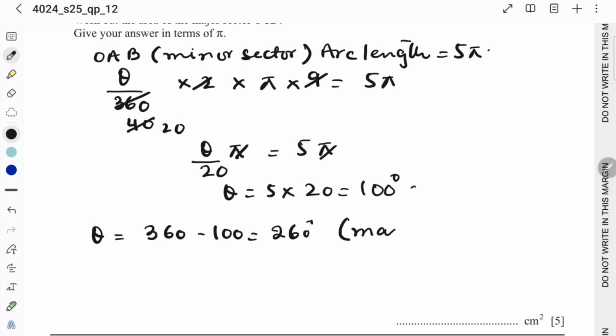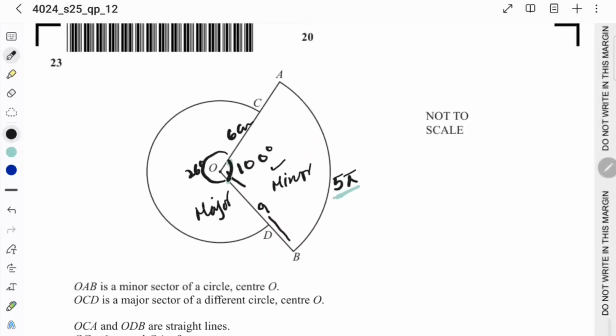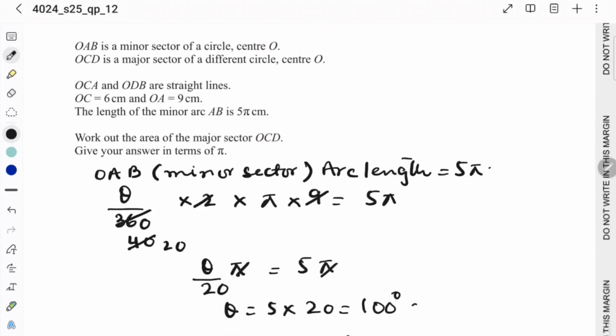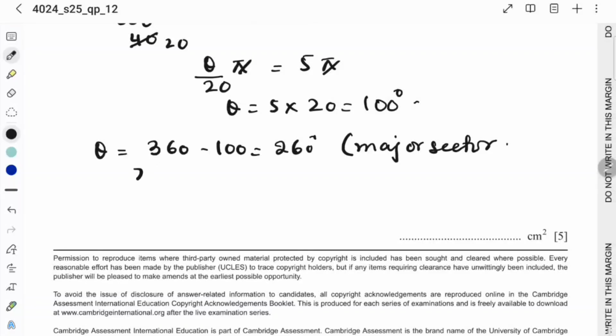That is for the major sector, and we are going to find the area, and the radius of this major sector is 6, you can see. So theta over 360 degrees into pi into r squared. r squared is 36. I'm just writing down 36, and then we can find the value in terms of pi.